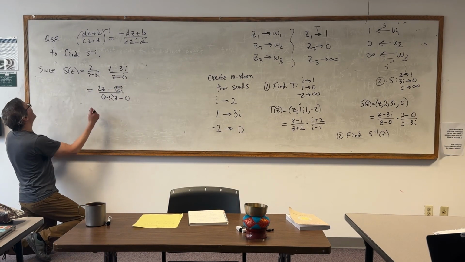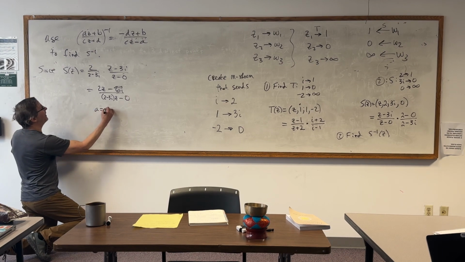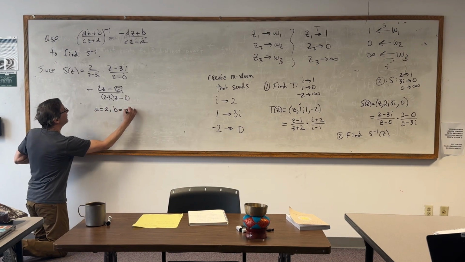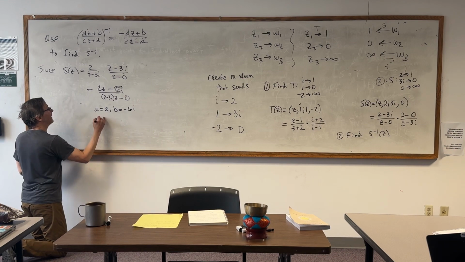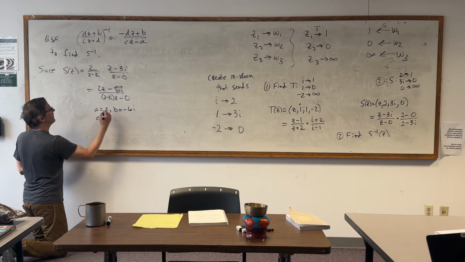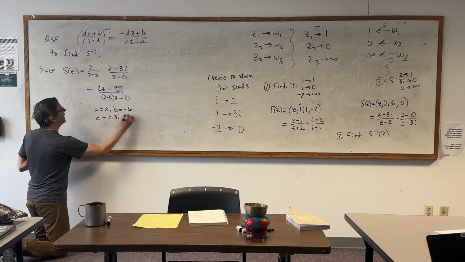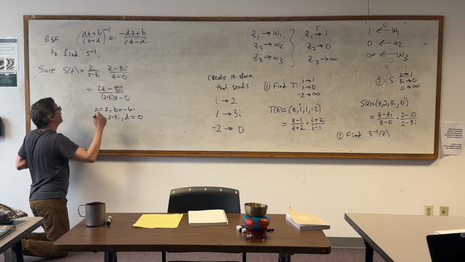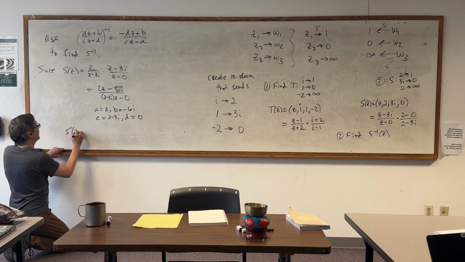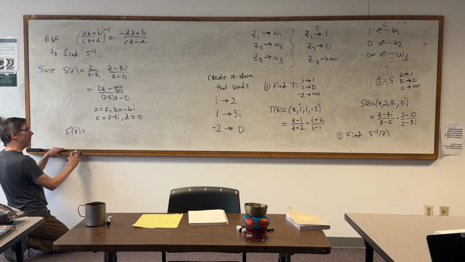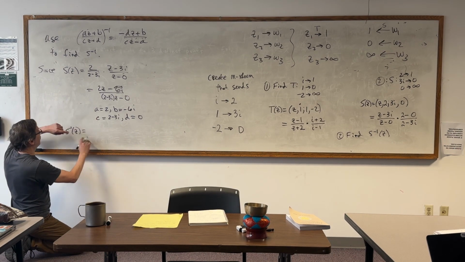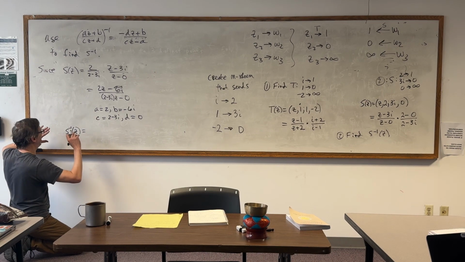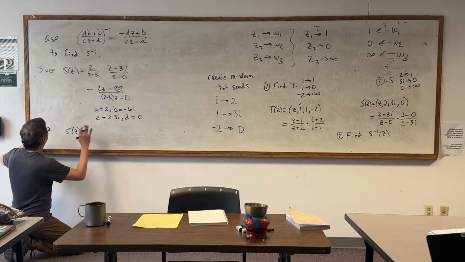So I look at this and then I identify a is 2, b is negative 6i, c is 2 minus 3i, and d is 0. And I use my beautiful formula up there so that S inverse of z is equal to, and I'm going to show you a trick for composing these that is so sweet, just lovely.